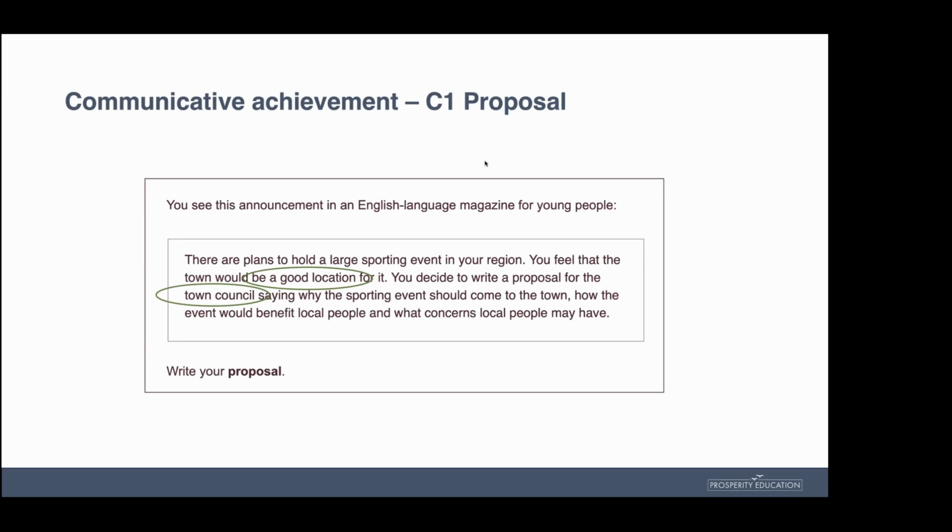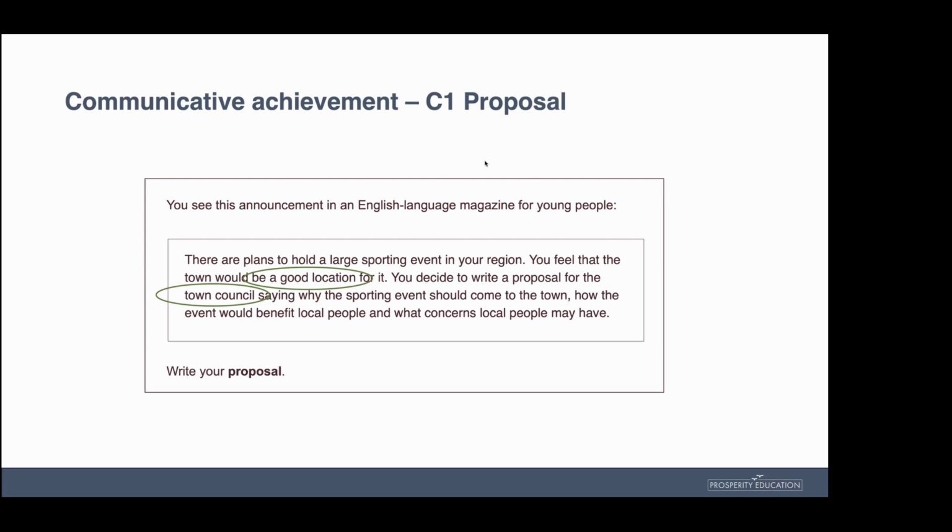So the register here is going to be quite formal. The language has got to be persuasive, and that's indicated partly by the content, but partly by the format of a proposal. A proposal is looking to sell an idea to somebody. So for a good mark, this student needs to use the content in a relevant way to communicate with their expected audience.